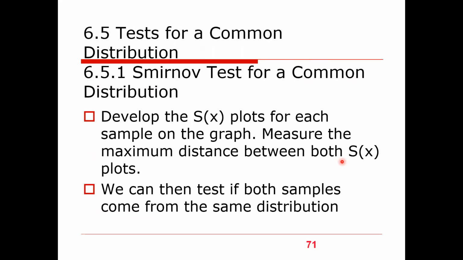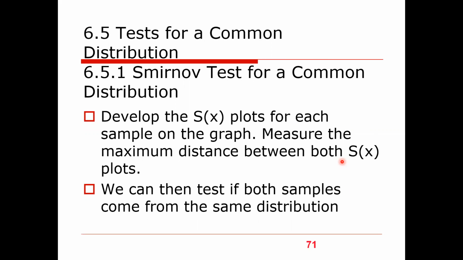Testing if two samples have a common distribution. So before, we talked about testing center, testing median, mean, and testing the variance. Now we test the distribution type or distribution family, it's like testing if two distributions have similar shape, right? So this time we introduce the Smirnov test.